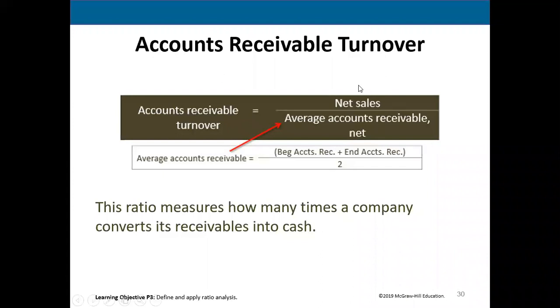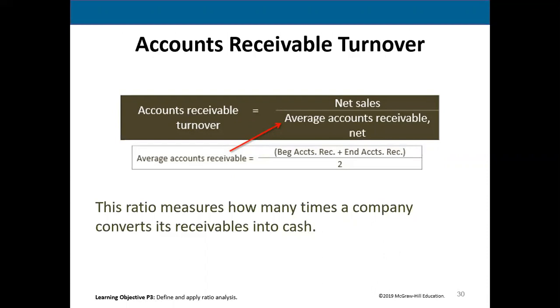So the first ratio is called the accounts receivable turnover. The way we determine that is we take net sales from the income statement and divide it by the average balance of accounts receivable, net. Net meaning after you subtract your allowance for doubtful accounts.